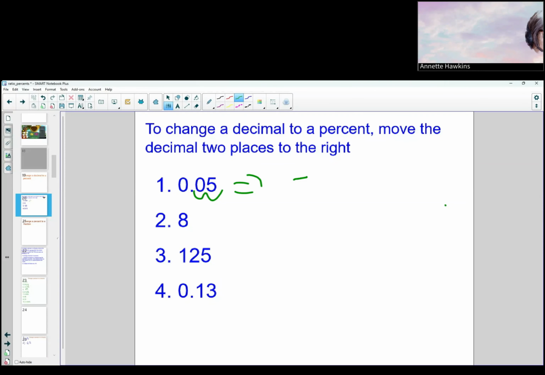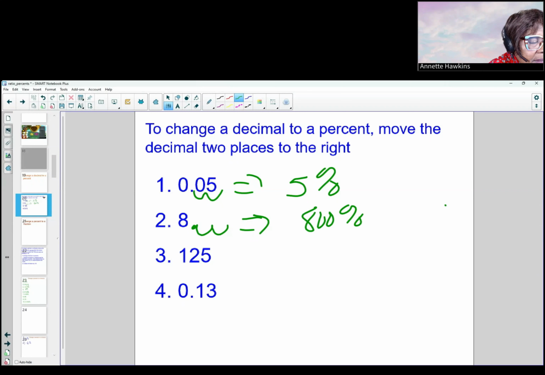1, 2, so this is 5%. Now, this is 8, so the decimal is here. 1, 2, 800%. This is the decimal here. 1, 2. This is a huge percent.